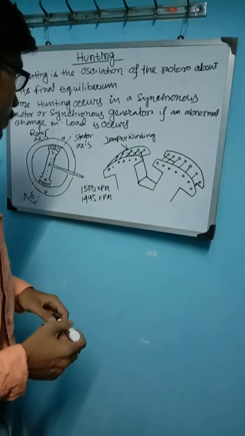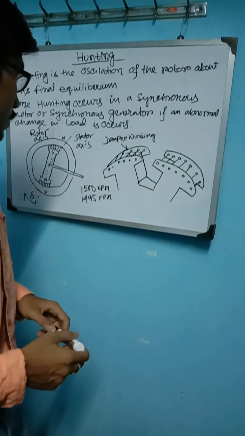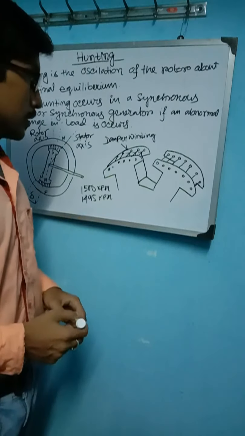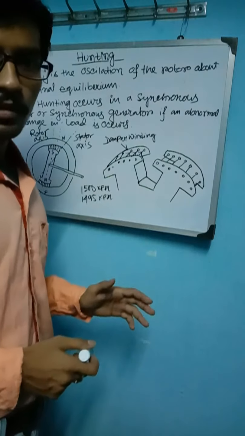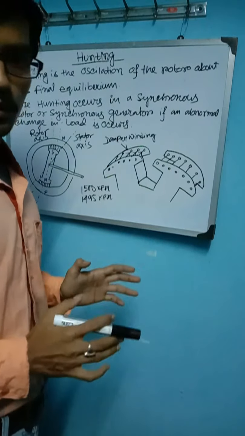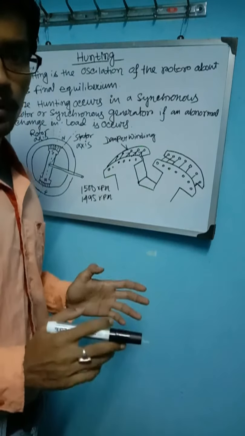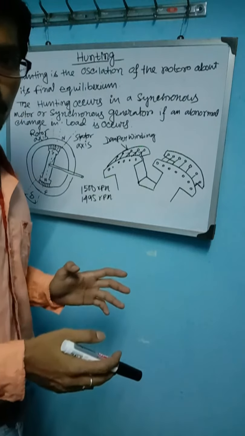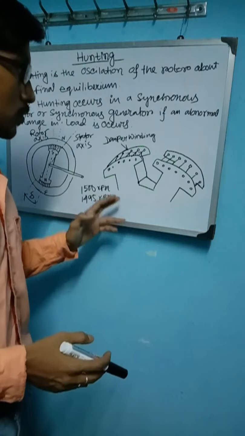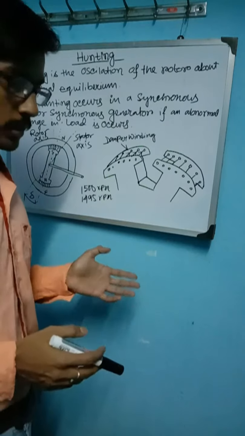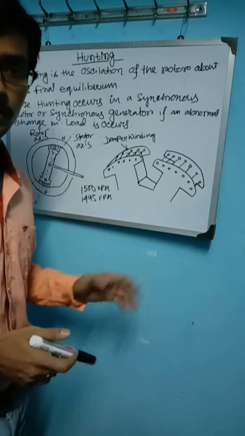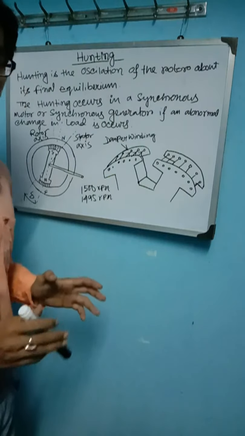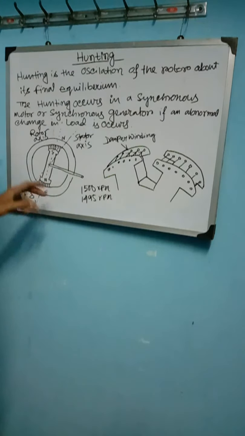Now the currents are flowing in the rotor bars, the windings, so it achieves a torque, and that torque again makes the rotor return to the same position, at the same synchronous speed. Okay, so this is the process of hunting.